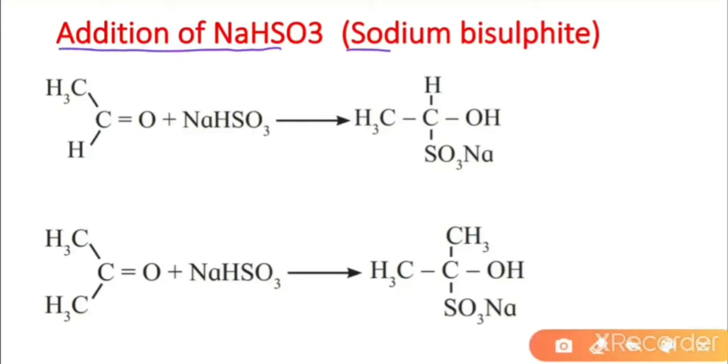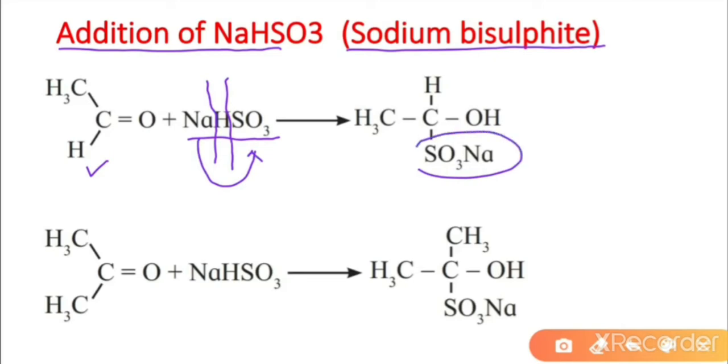Addition of sodium bisulfite with aldehyde and ketone. Aldehyde addition reaction with sodium bisulfite. Sodium bisulfite breaks the Na-H bond and breaks HSO3, but sodium is more positive, so again it combines with SO3 minus 2 and forms the SO3Na minus ion.